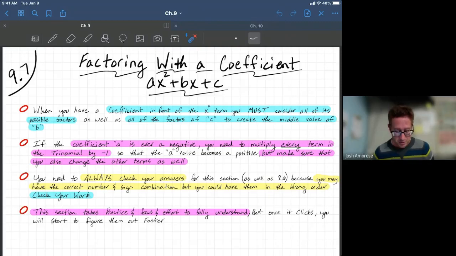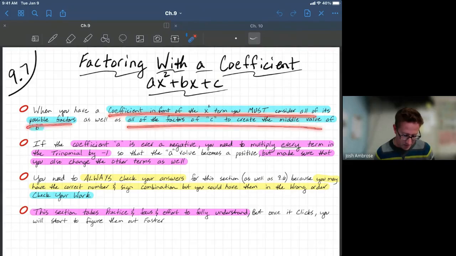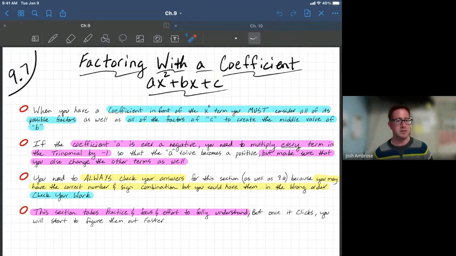So we are going to be focusing on both the first term and the third term and figuring out how together they create the middle second term. That's basically the description that you're going to see right here, describing what I just did for you.